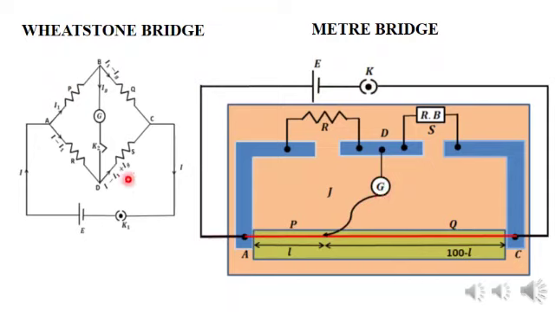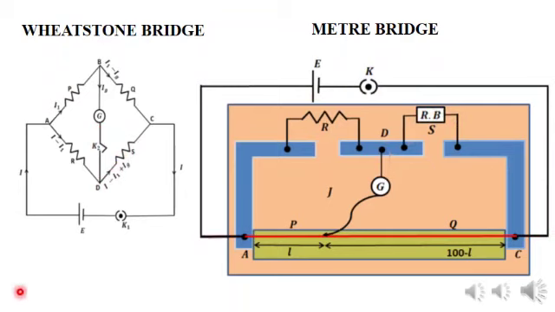Now we can consider resistance R. Its one side is connected to the positive terminal of the cell, and the other side is connected to the galvanometer. Similarly, for S, its one side is connected to the negative terminal of the cell through the key, and the other terminal is connected to the galvanometer.